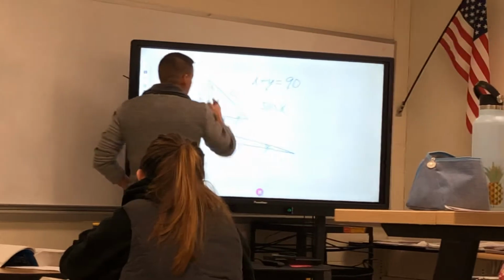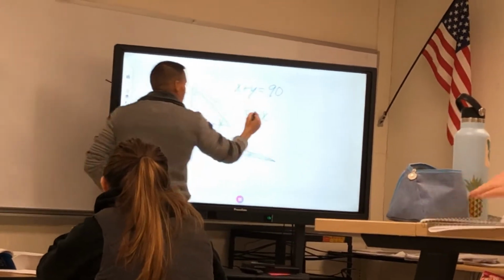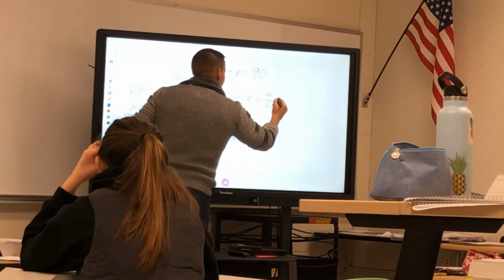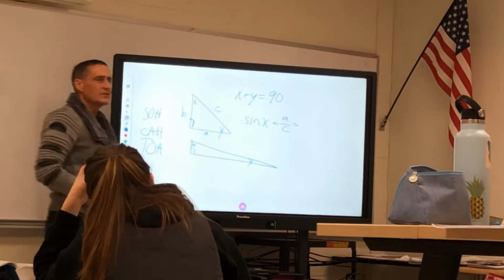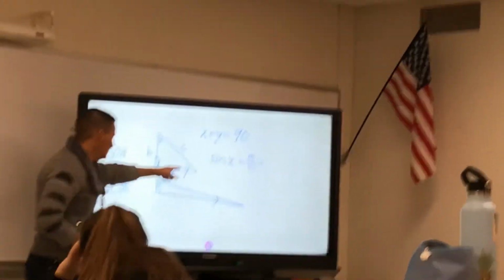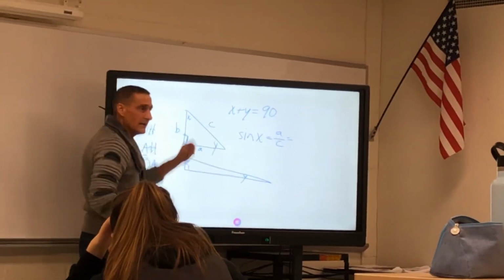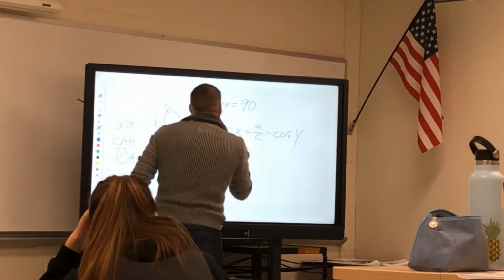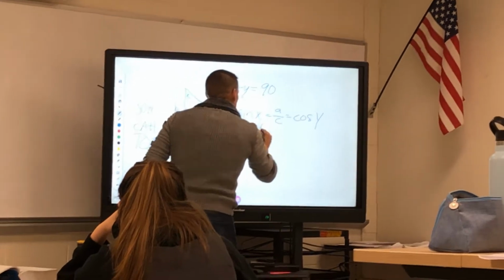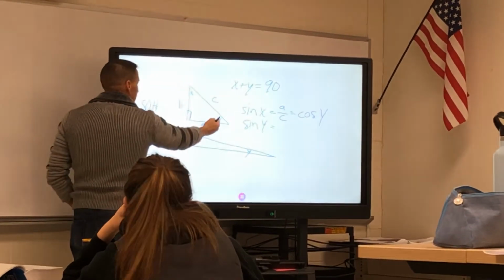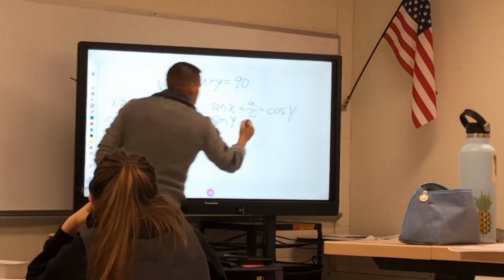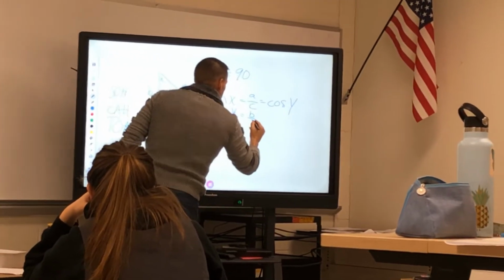So the sine of X is opposite over hypotenuse, which is, of course, A over C here. Question, what is the cosine of Y? Adjacent over hypotenuse. What is sine of Y? B over C. What's cosine of X? A over C.